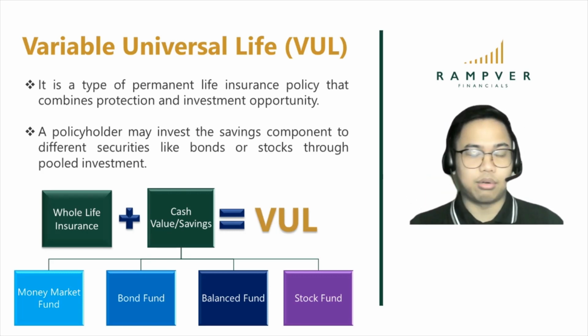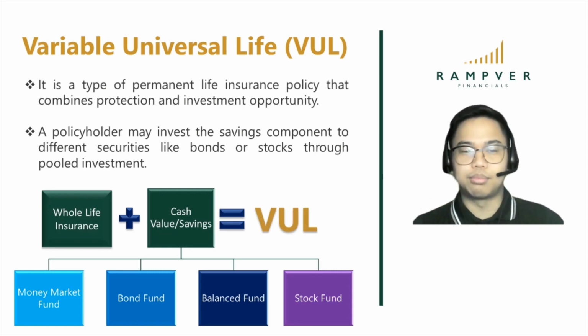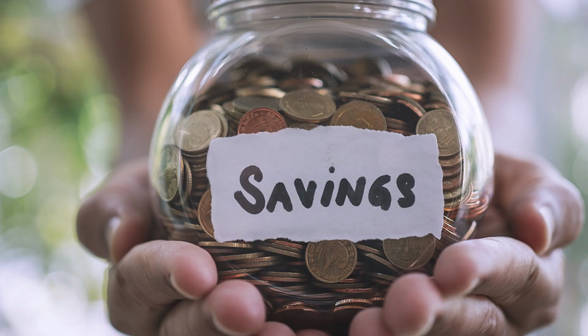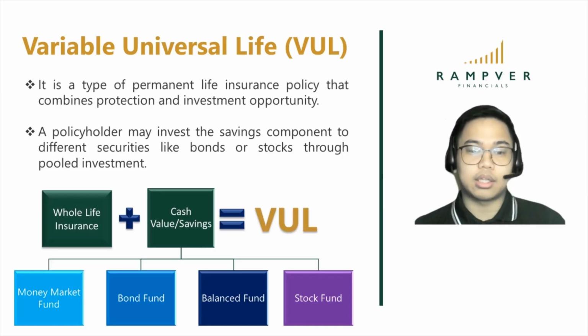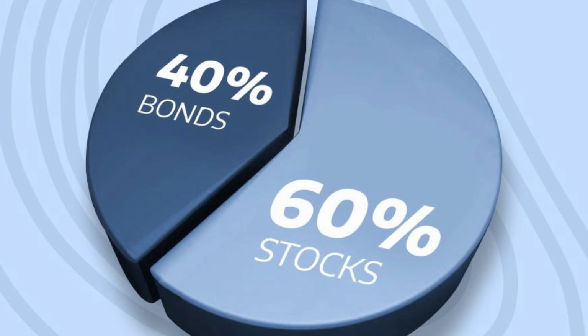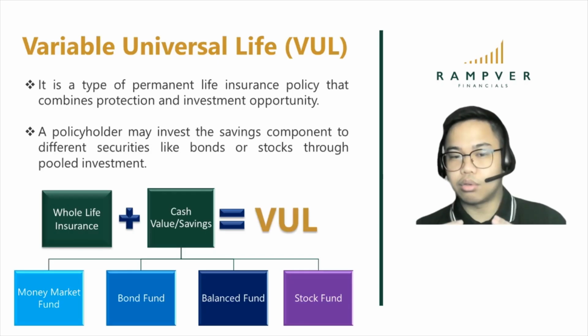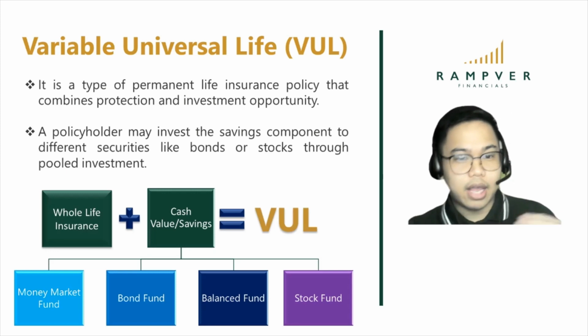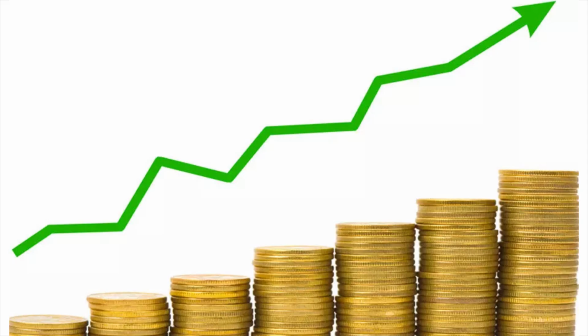Kung ikaw ay conservative or short-term lang objective mo, of course, you may use the money market fund or the bond fund. And next, if you're a moderate investor, meron kang 3 to 5 years na objective, lagi po namin sinasabi ito sa mutual funds, no? Then a balanced fund can be the right fund for you, no? But if you have a long-term goal and you're a bit aggressive, of course, you may choose stock funds po.